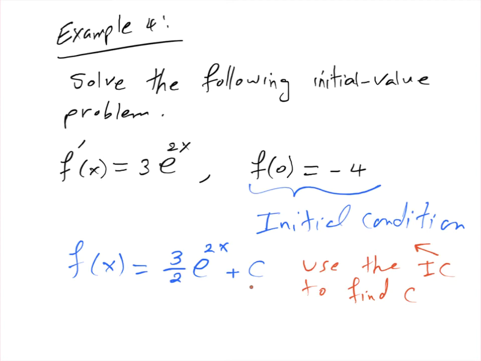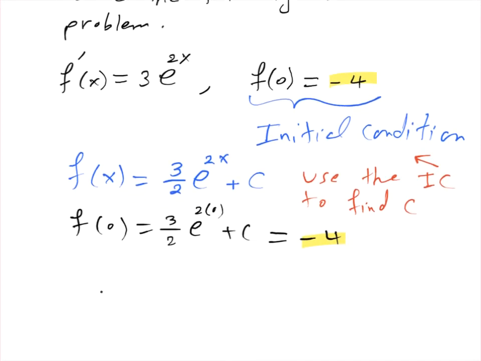So to find c, I need to plug in 0 for x and -4 for f of x. If I do f of 0 here, I get 3/2 e to the 2 times 0 plus c, but I have to set that equal to -4. This -4 is the value of the function at 0, and that helps me to find c.